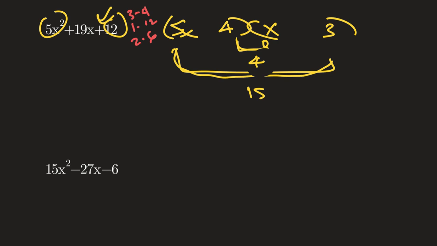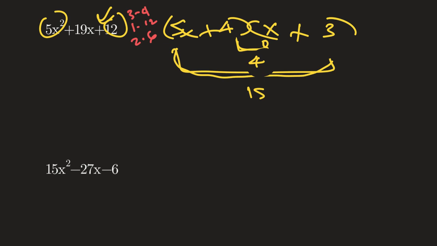Guys, this is the easy one. If all you're seeing is plus signs, that's easy. Everything's positive. That's the easy one. 5x plus 4, x plus 3. Factored. If you write it x plus 3 and then 5x plus 4, still good. Okay?